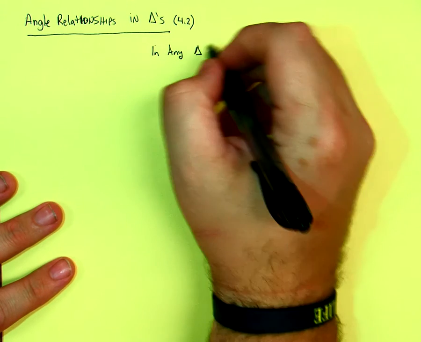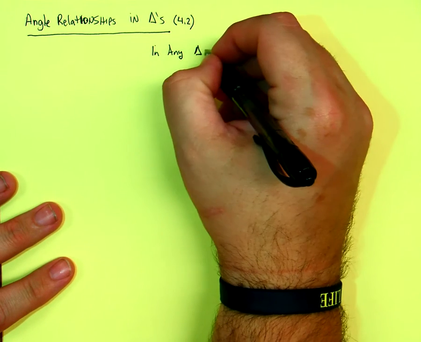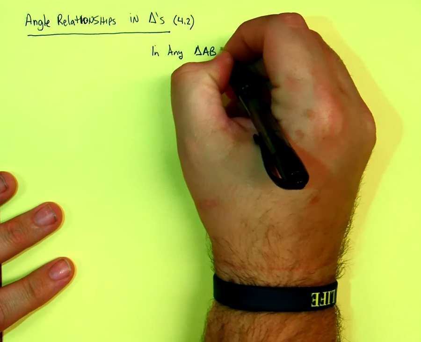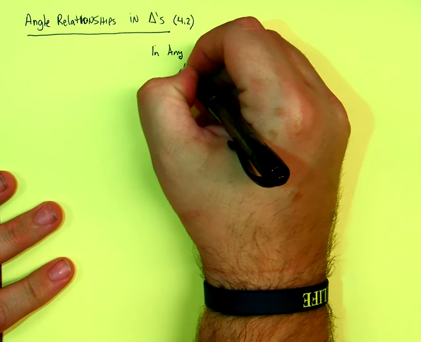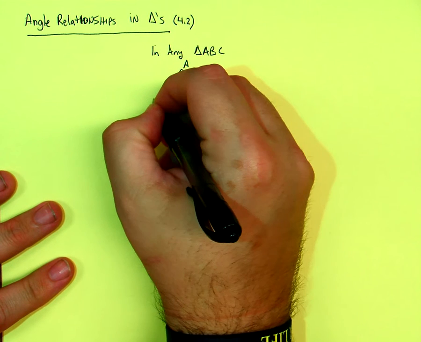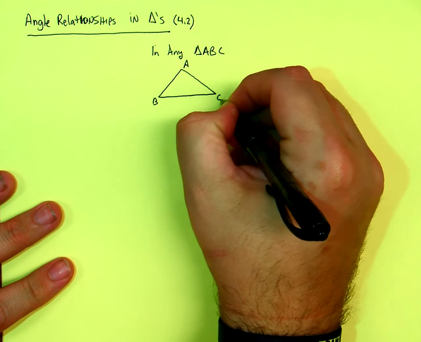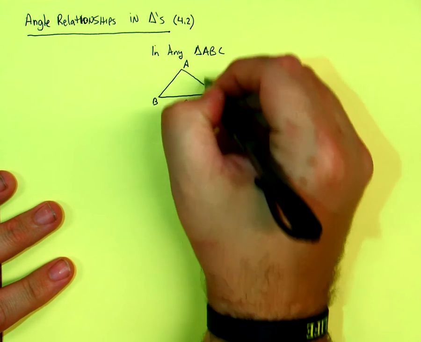Now, before you start writing this, in any triangle ABC, where the triangle looks like this. Well, it doesn't have to look like this.